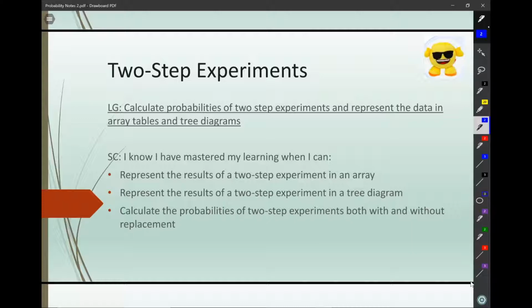Initially we looked at simple experiments like rolling a dice that only had one step. Now in this lesson we're going to be talking about experiments like rolling a dice twice or flipping a coin twice.